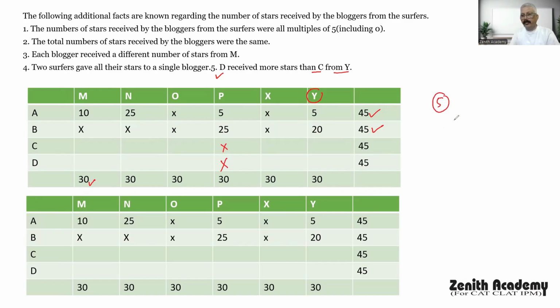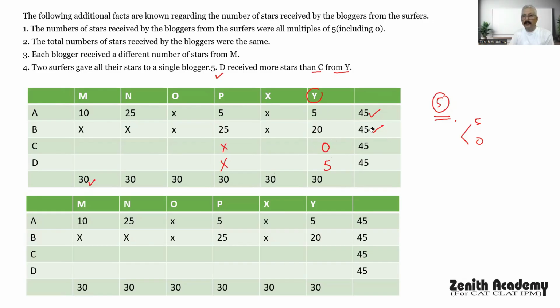And Y can give these 5 stars to only one of C and D, in the form of 0 and 5. Since D received more stars than C from Y, Y will give 0 to C and all 5 stars to D. Correct? So this point is clear.